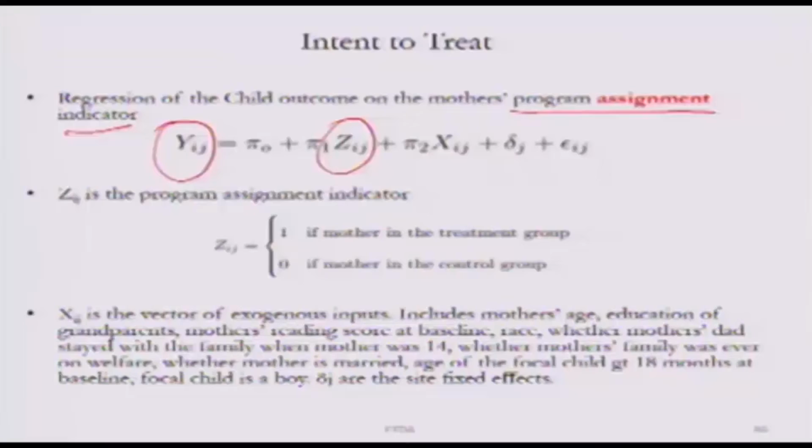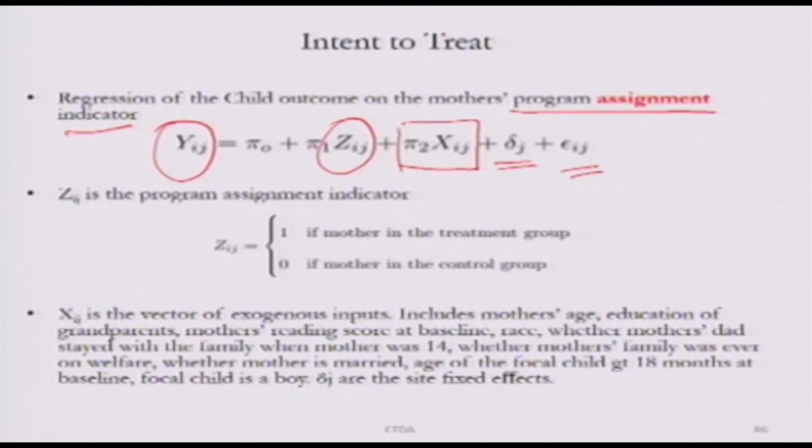And 0 if the mother is in the control group, which is basically they were given other community services but not asked to join the training program particularly. And then you have all other host of covariates given by Xij, and then you have the geography fixed effects delta j and the error term epsilon ij.